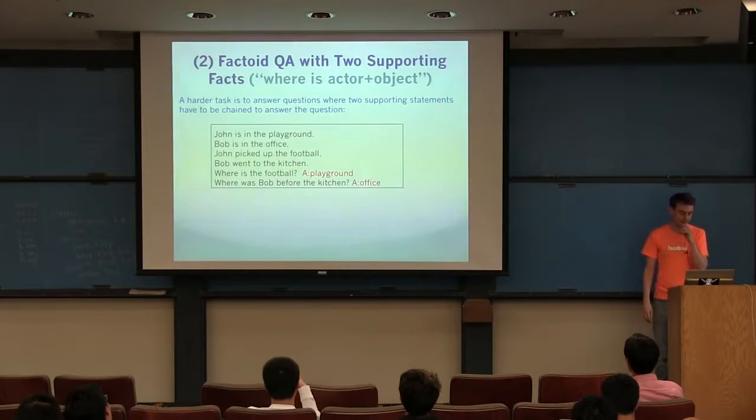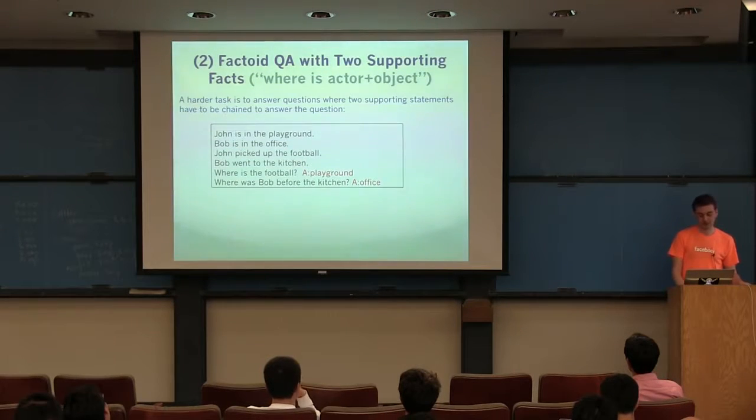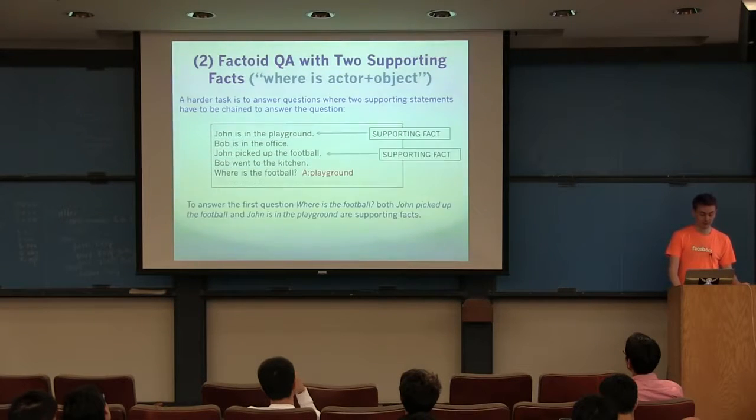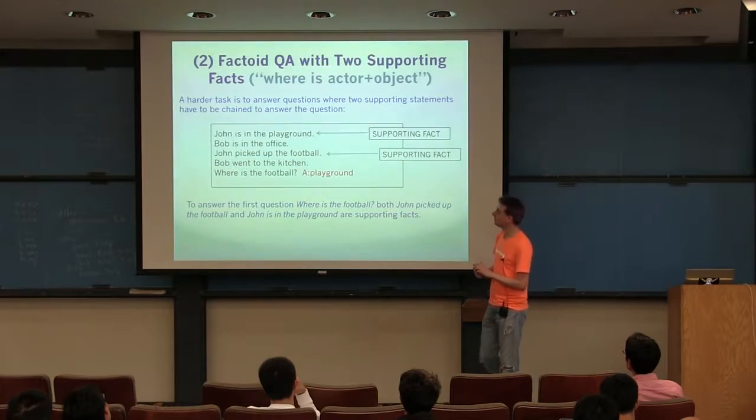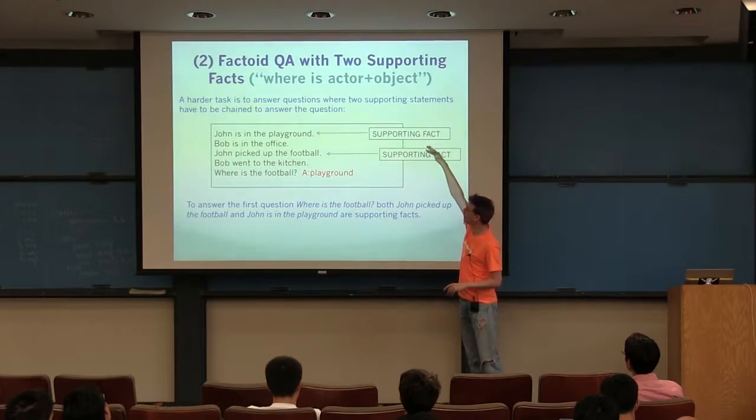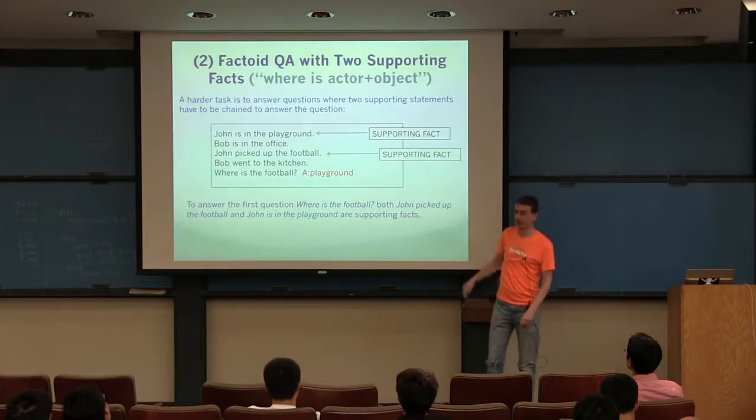And then the second task is a little bit harder, and requires 2 supporting facts. So we have questions like "where is the football", or "where was Bob before the kitchen". Here, as I was saying before, the "where is the football" question requires both of these sentences as supporting facts.